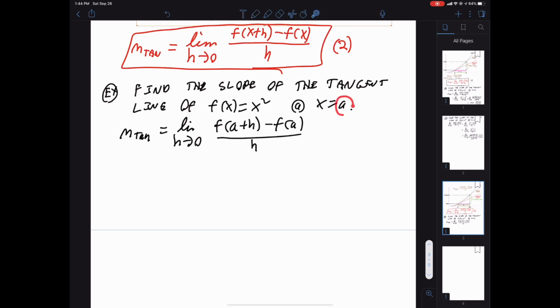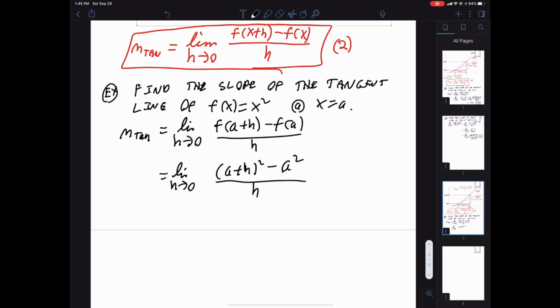So we're going to replace the a plus h in for x and then the a in for x to get our two formulas. On top we replace x squared with a plus h, so a plus h squared, and then the second one we just put in the a in for x because it's a function at a, and so that's just going to get us a squared.